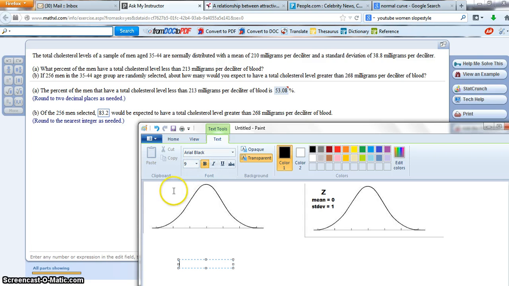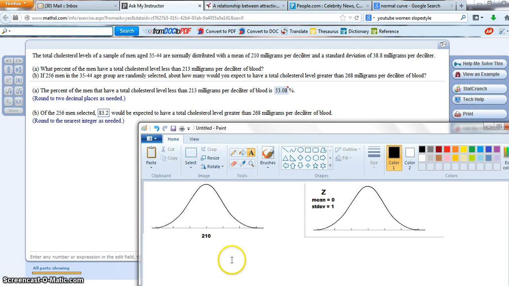So the cholesterol levels are going to follow a normal distribution. We know that the mean of the normal distribution, where it's centered, is going to be at 210. So I'm going to put that on there so we can sketch what that looks like. And then the standard deviation is 38.8.